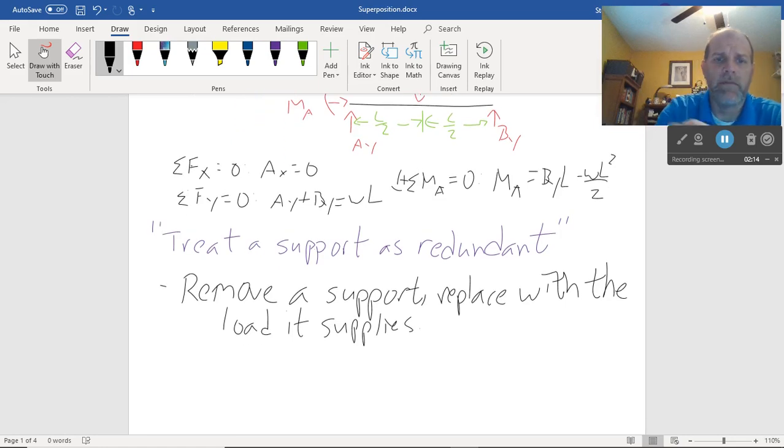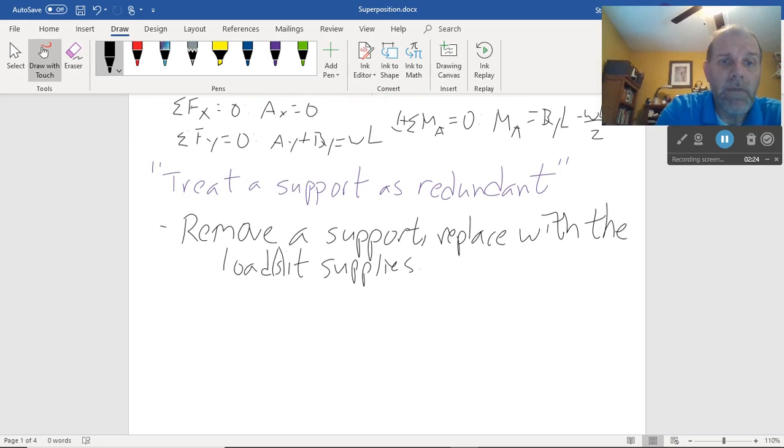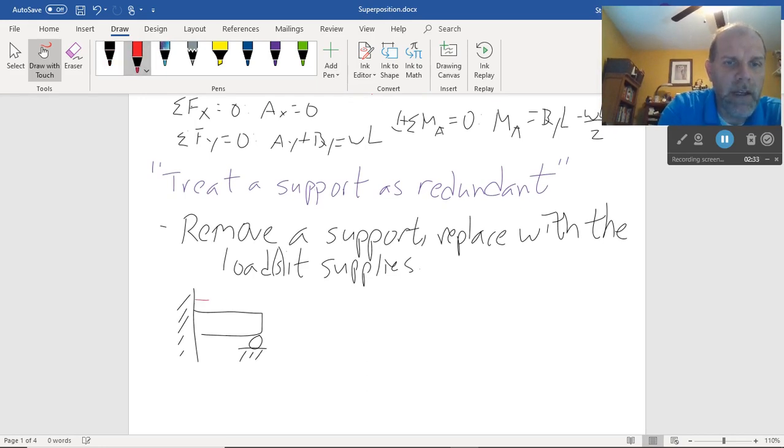with the load that it supplies. Okay, load, and really nothing says I can't say loads, right? Because I could take away an entire cantilever. Sometimes I have, sometimes you have to. So in this situation, the classic common thing to do when we have something that looks like this is to turn it into something where I still have the cantilever.